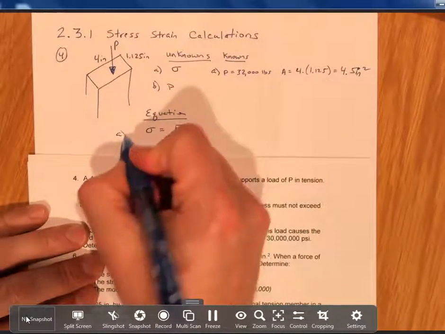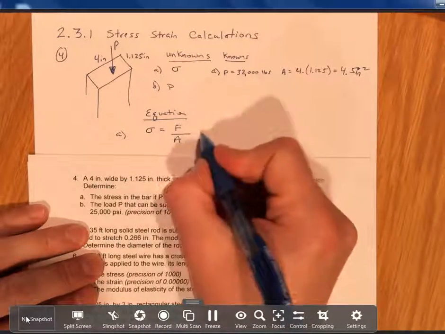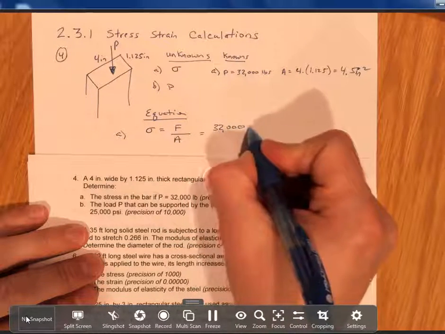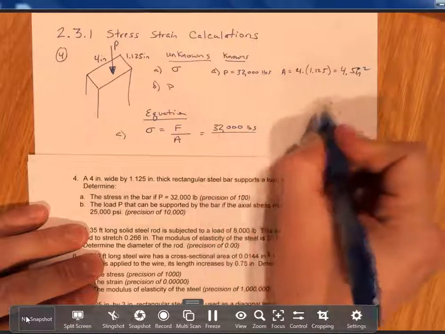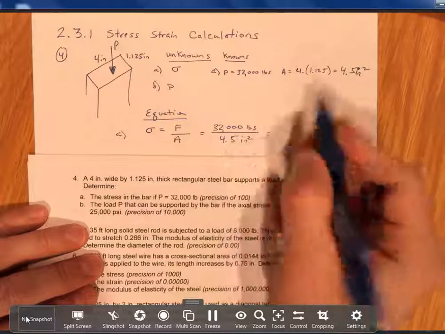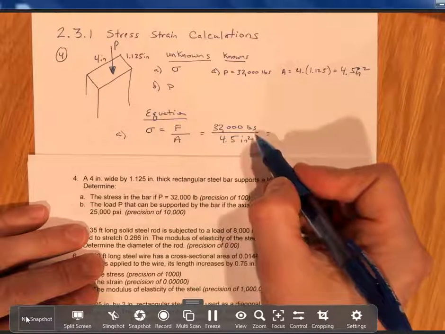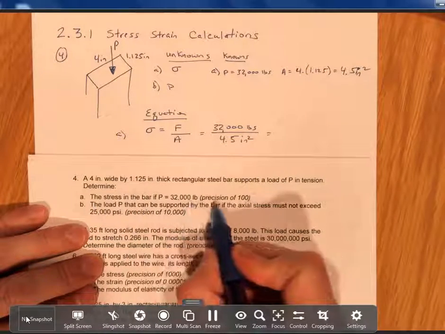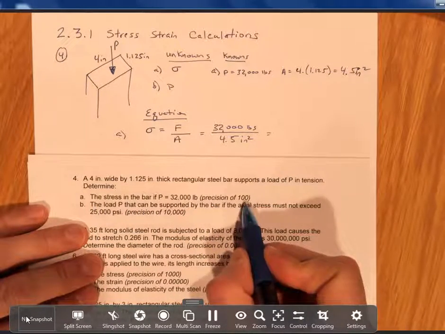So for part A, there you go. Stress is force over area. The force is 32,000 pounds. The area is 4.5 square inches. So I need to divide 32,000 by 4.5. And in the end, this question says to give precision to the nearest hundred.